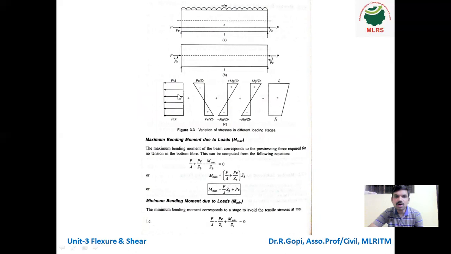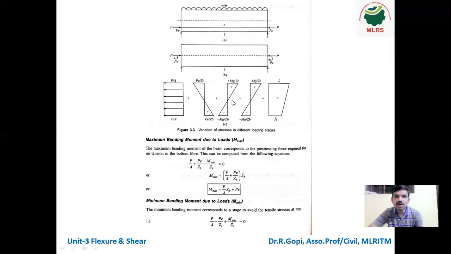The same diagram we already saw in the stress concept, with the same formula. Stress due to applied prestressing force is the direct stress P by A, and Pe divided by Zt. Initially tension goes upward, so minus, compression goes to the bottom, and Mg divided by Zt at top, minus Mg divided by Zb at bottom.